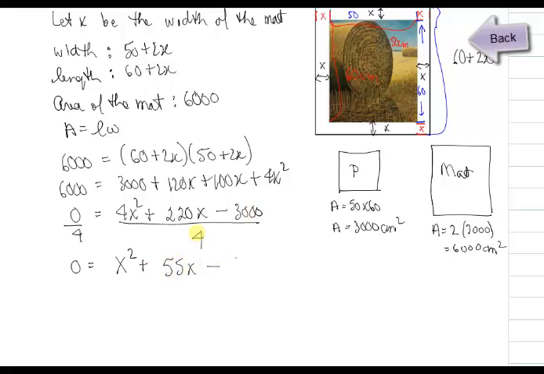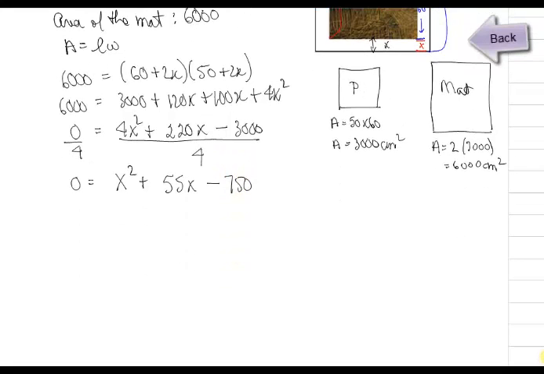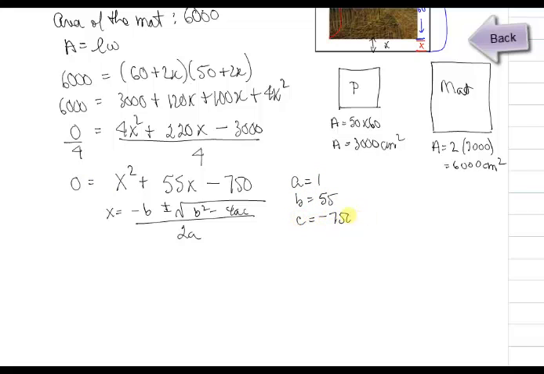And 3,000 divided by 4 is 750, and I will plug these numbers into my quadratic formula. My formula, I'm just going to write it here for you, is negative b plus or minus the square root of b squared minus 4ac, over 2a. According to my new equation, a is 1, b is 55, and c is negative 750. So I'm going to plug those in, solving for x.